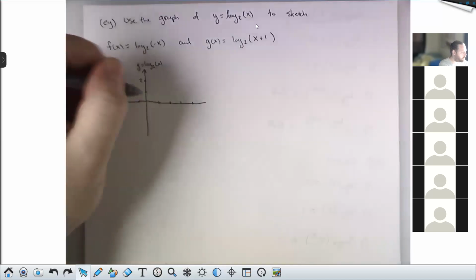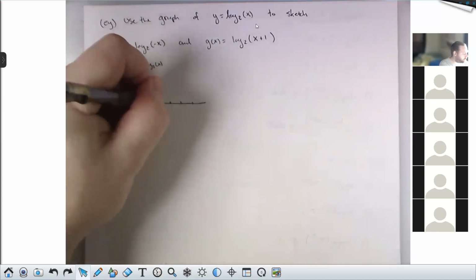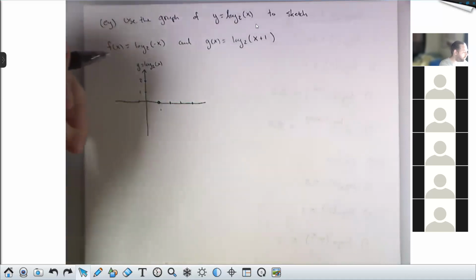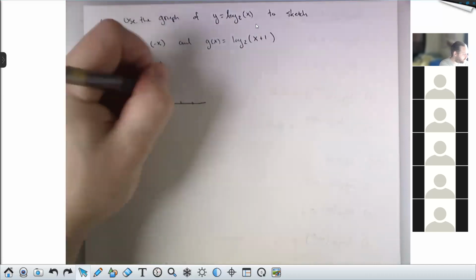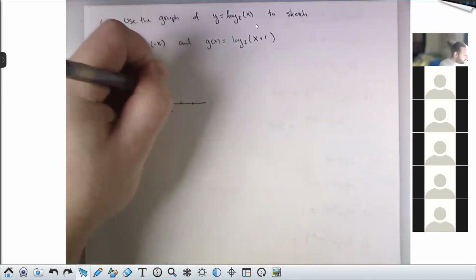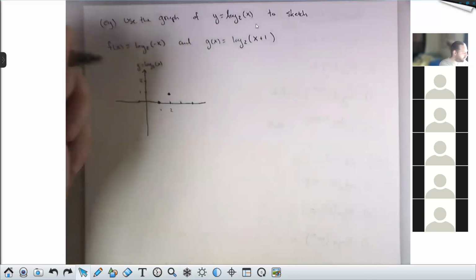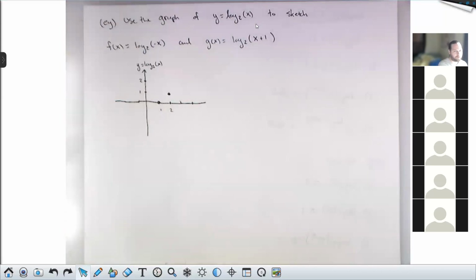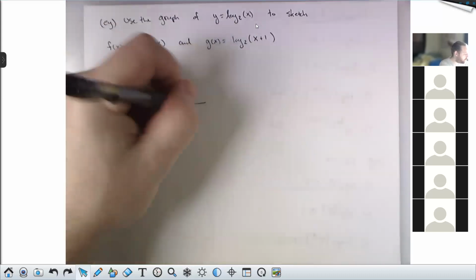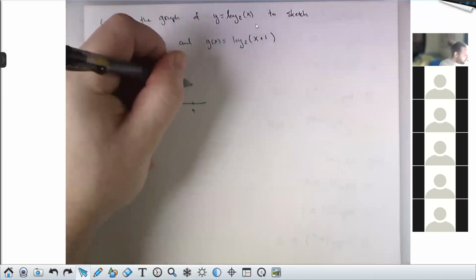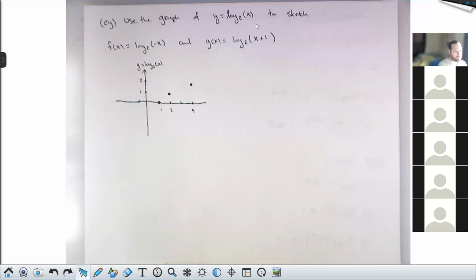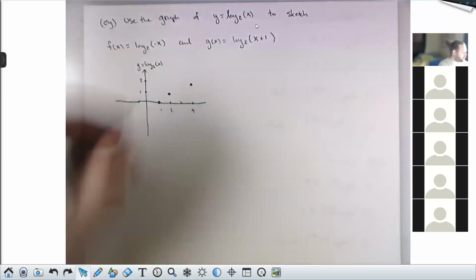So like 0, 1 is on 2 to the x. So 1, 0 is on the graph of the base 2 log. 1, 2 is on the graph of 2 to the x. So 2, 1 is on the graph of the base 2 logarithm. And 2, 4 is on the graph of 2 to the x. So 4, 2 is on the graph of the base 2 logarithm. There's more though.